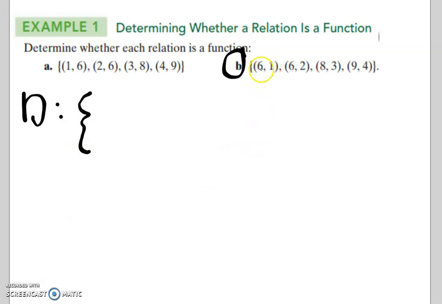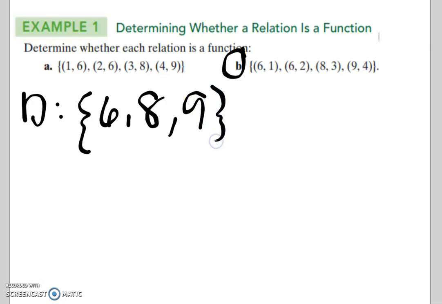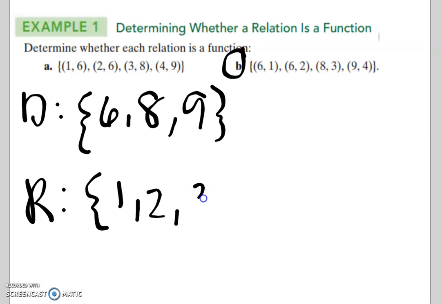So I need to go through and look at all my x values. I have 6, I don't need to repeat it, 8, and 9. Okay, that's my domain. For my range, I'm going to list my y values: 1, 2, 3, and 4. There is my range.